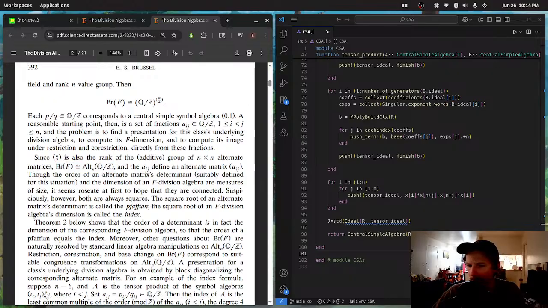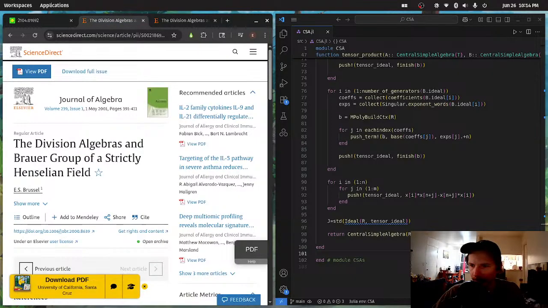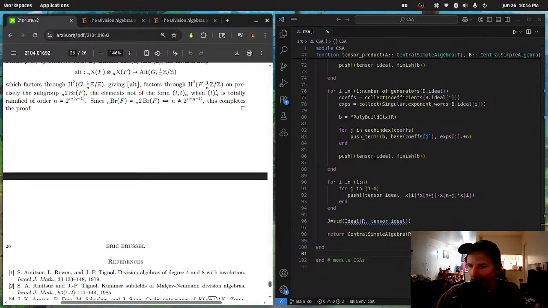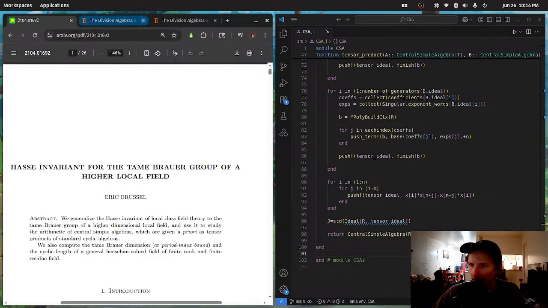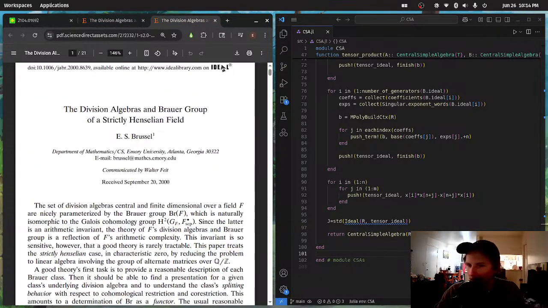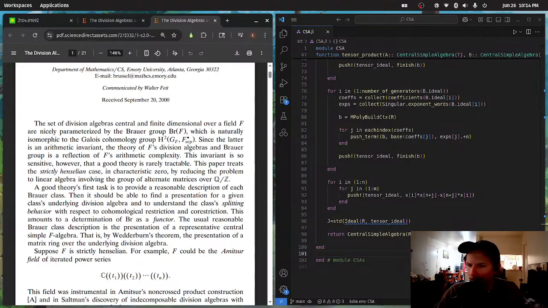And there's no worrying about the characteristic of the field this time, because maybe this is all in characteristic 0. And apparently it's reducible to just some linear algebra.